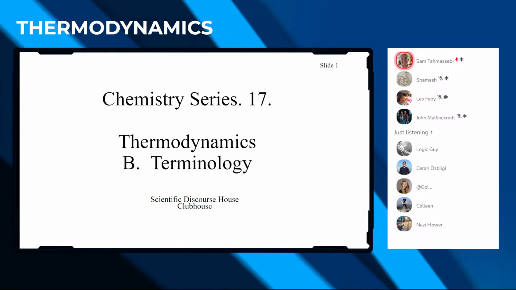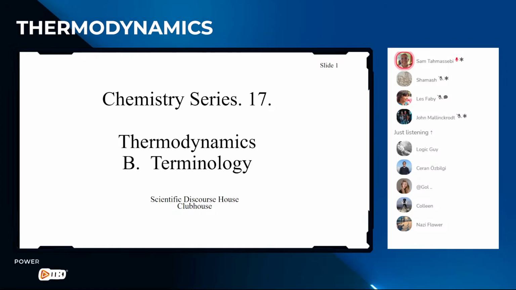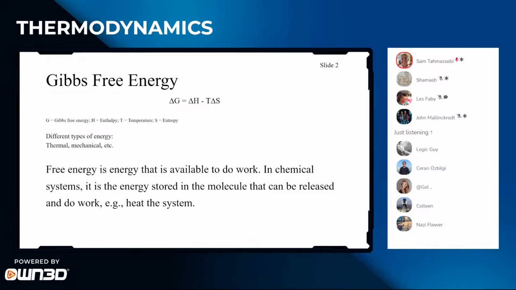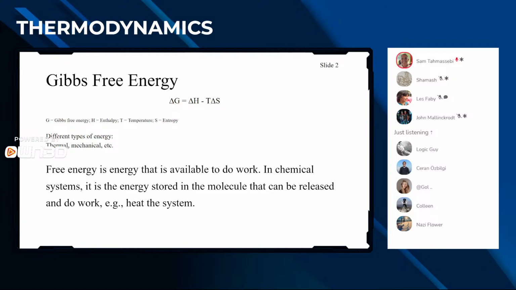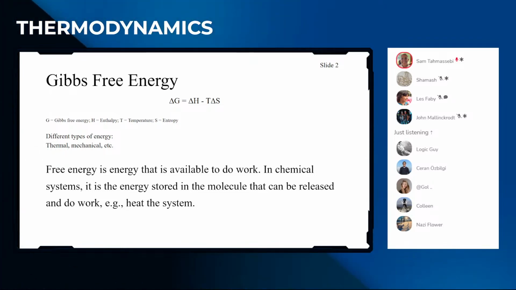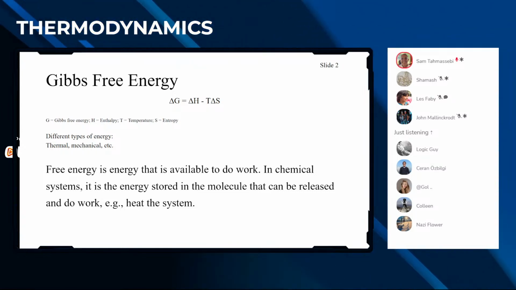We go to slide 2, and this is an answer to Shamasha's question from last week, what does free energy mean? We have the free energy equation on top, and the variables in there are defined right below it. We have different types of energy, right? We have thermal energy, mechanical energy, electrical energy, all sorts of different energies. Free energy is an energy that's available to do work.